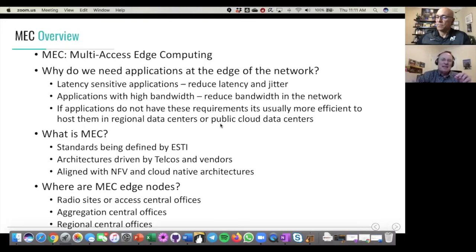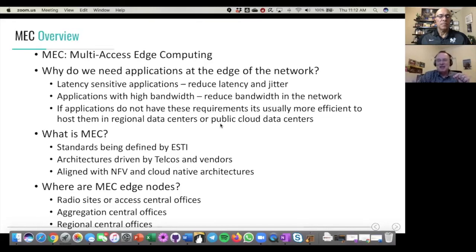So next, why do I need to put applications at the edge? It's primarily two reasons. One is latency sensitive applications. These are applications that have to have very low latency and also have requirements on jitter. Number two are applications with very high bandwidth requirements. In these cases, the reason you want to put those applications at the edge of the network is to reduce the bandwidth going through the network.